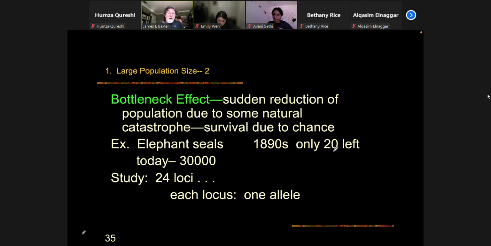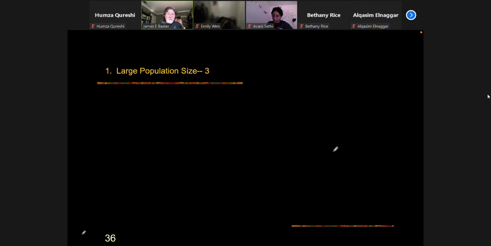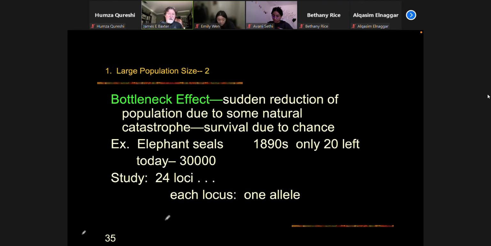Now that could be accidental, because we do have some genes with only one allele, since changing the protein changes too much and it's selected against. But compare this to the southern seals. They also did this with the southern population at the same 24 loci, and all 24 loci in the Southern Ocean had multiple alleles. They had at least two, or sometimes more, for each of these.